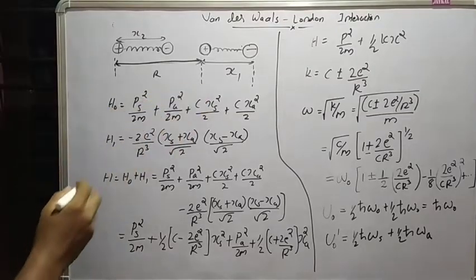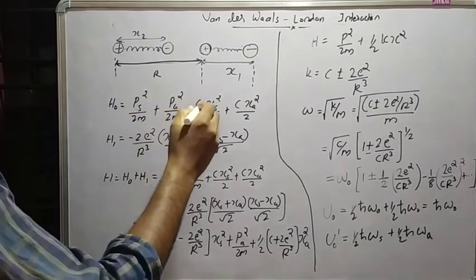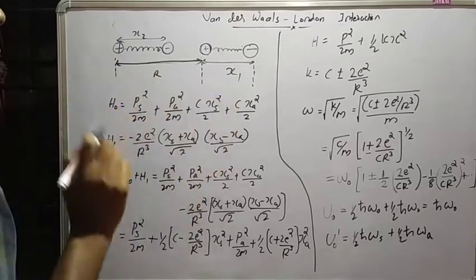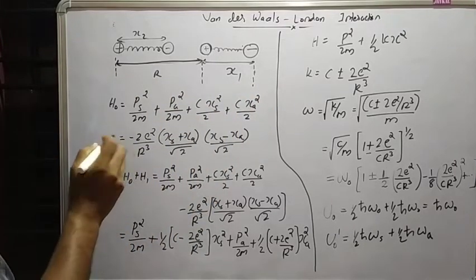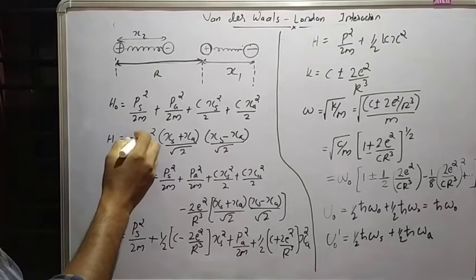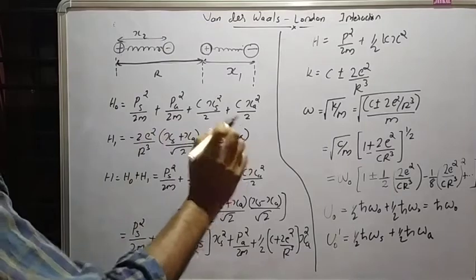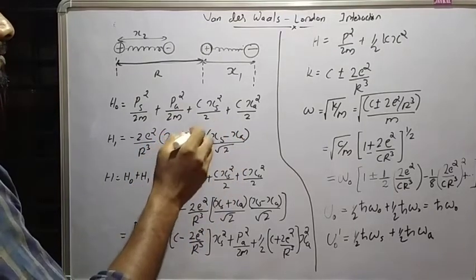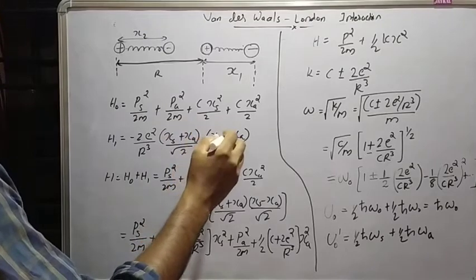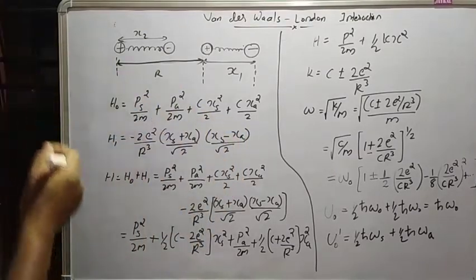So here our uncoupled Hamiltonian is p_s square over 2m plus p_a square over 2m plus half C x_s square plus half C x_a square, and the Coulomb interaction energy H1 is equal to minus 2e square over r cube into x1 into x2. So we need to substitute x_s plus x_a over under root 2 for x1 and x_s minus x_a over under root 2 for x2.